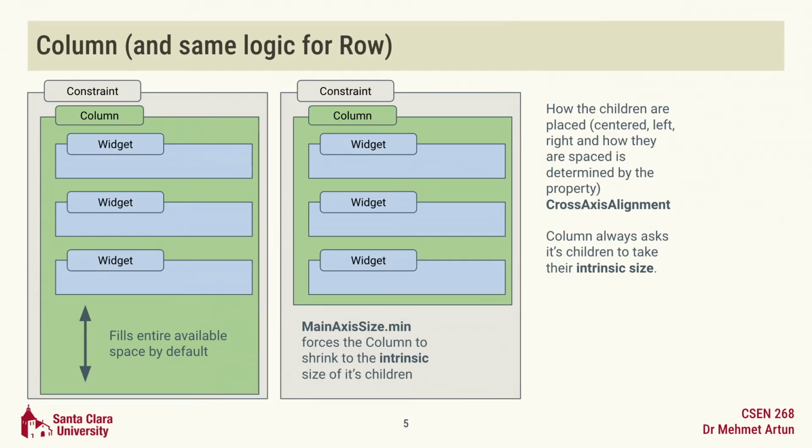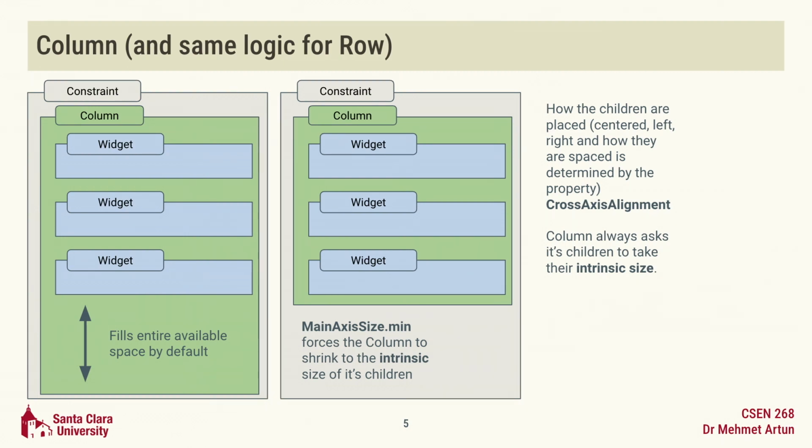Now the column, again, we can pull it in by saying main axis size min. The main axis of the column is in this direction where the widgets are laid out, and the cross axis is in this direction.